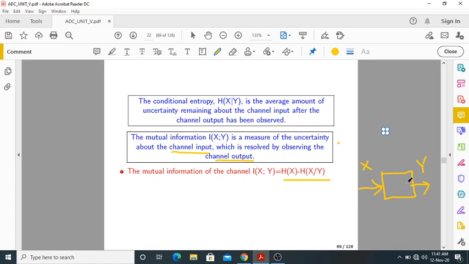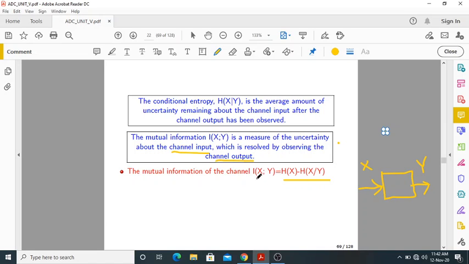But you might have some assumption about X, you may think that it is 1 or it is 0. But by observing Y, you may resolve some of your assumptions. So by observing Y, you may resolve some amount of uncertainty that you might have about capital X. So that is called the mutual information.